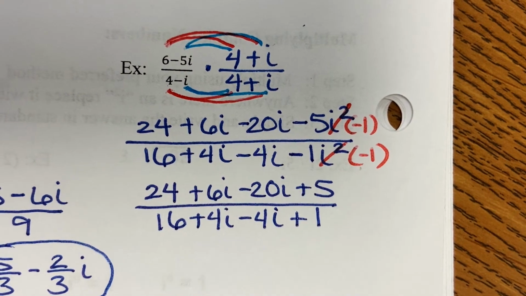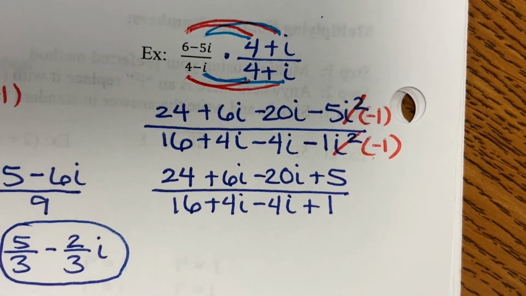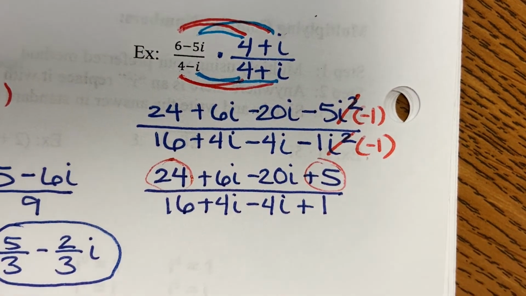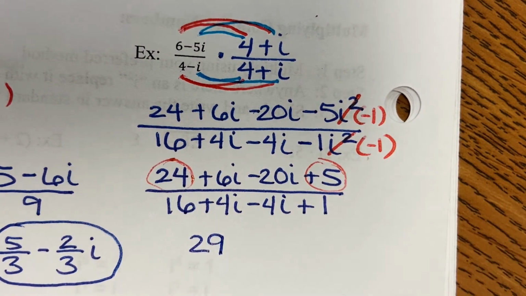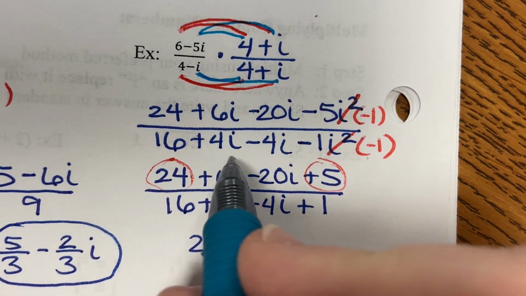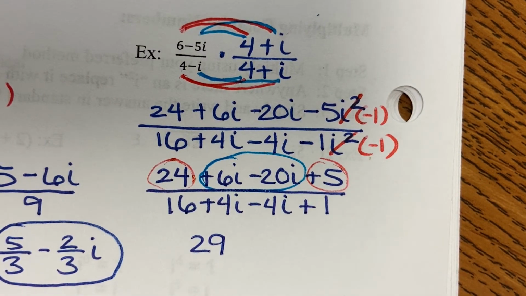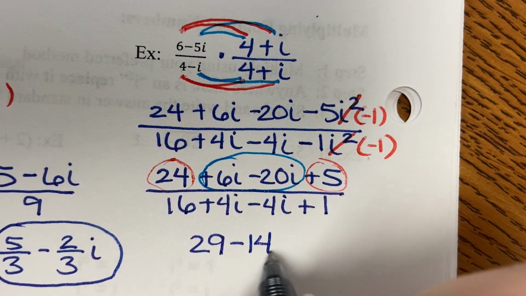All right, so now I'm ready to start combining my like terms. So I'm going to combine the 24 and the 5 to give me 29. Then I'm going to combine the 6i and the -20i to get a minus 14i.